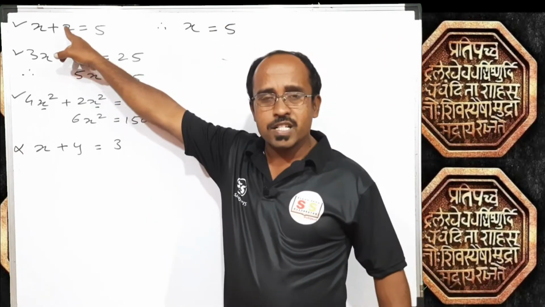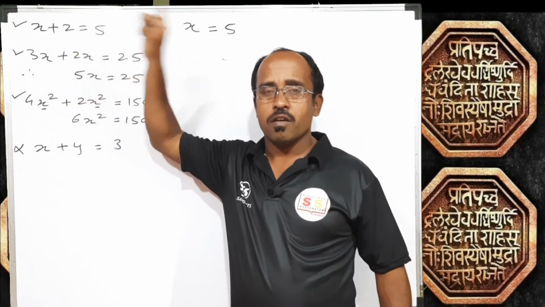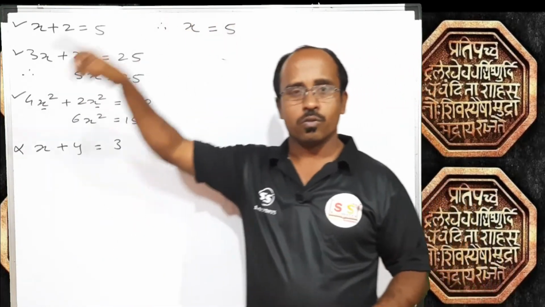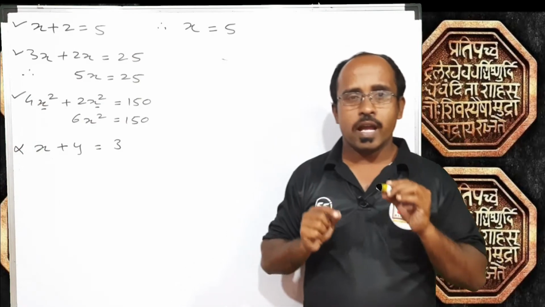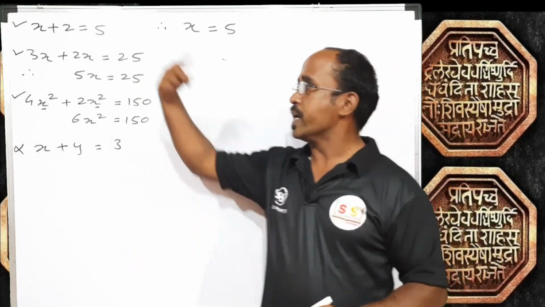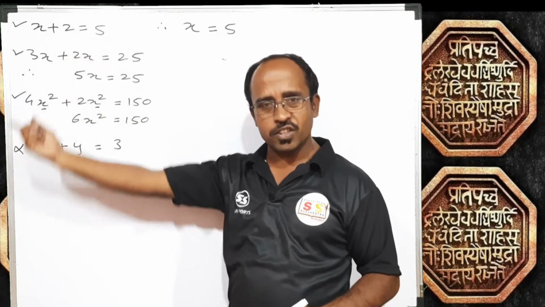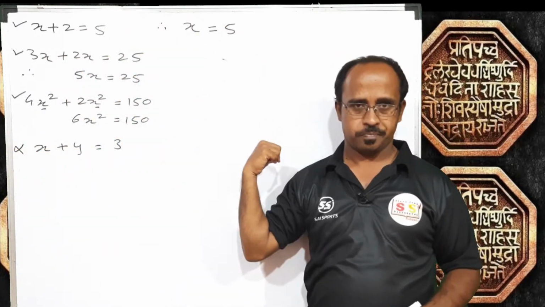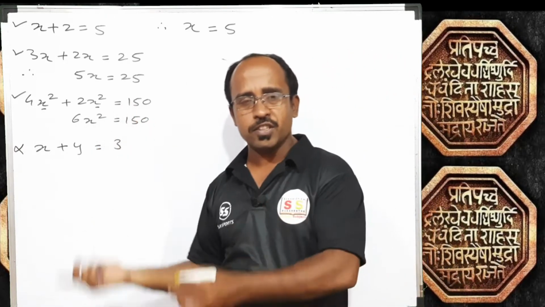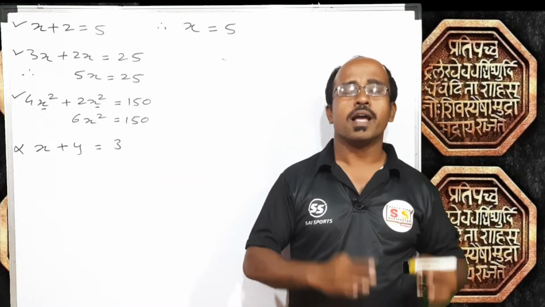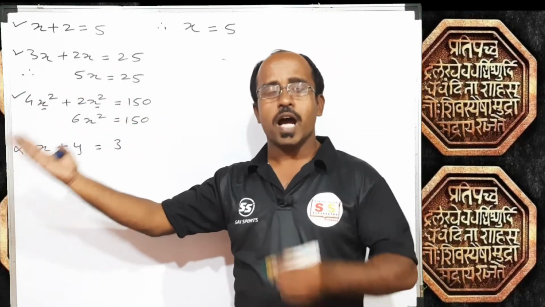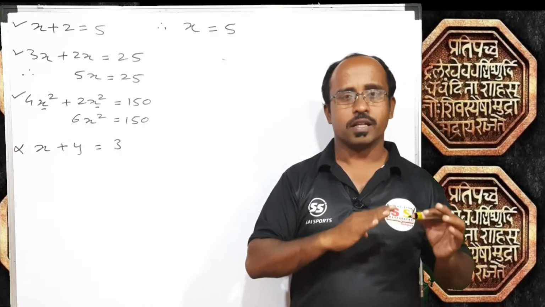Now while shifting any number from the left hand side to the right hand side, or from the right hand side to the left hand side, it acts oppositely. Means if it is doing addition on the left hand side, after changing side it will do subtraction. If it is doing subtraction on the left hand side, after changing the side it will do addition. If it is doing multiplication on the left hand side, after changing the side it will do division.